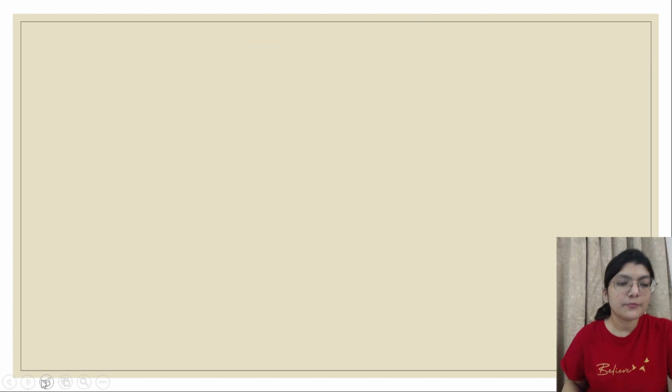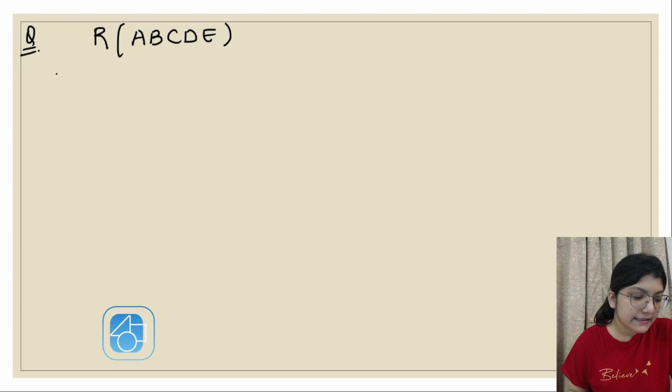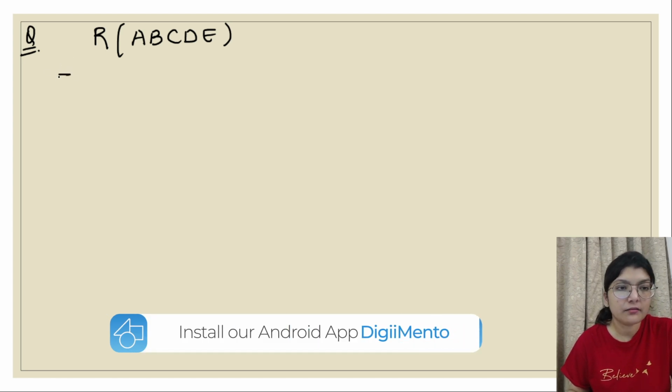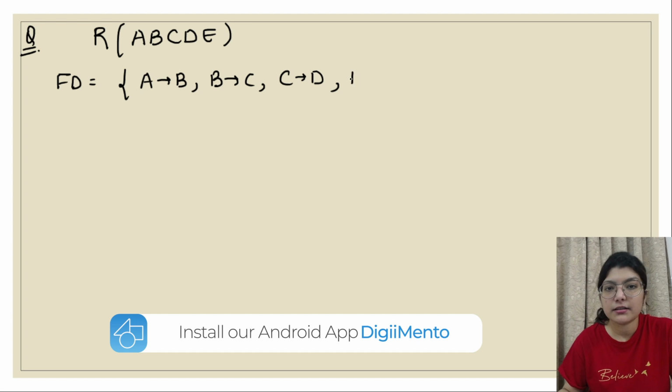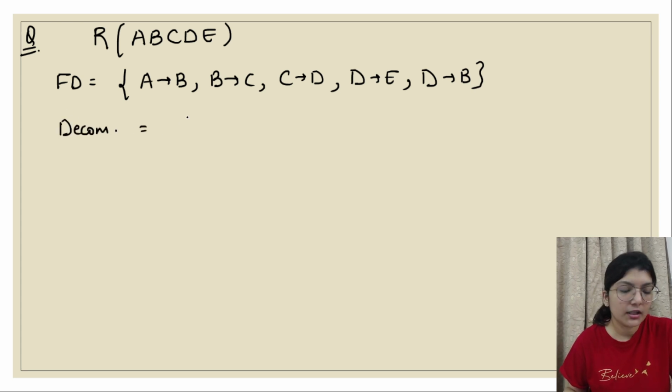Suppose I take a question over here. They have given you R with attributes A, B, C, D, and E, and the functional dependency set is A to B, B to C, C to D, D to E, and D to B. The decomposition is done into AB, BC, CD, and DE.